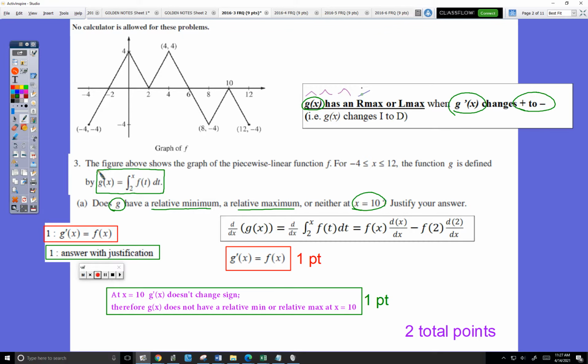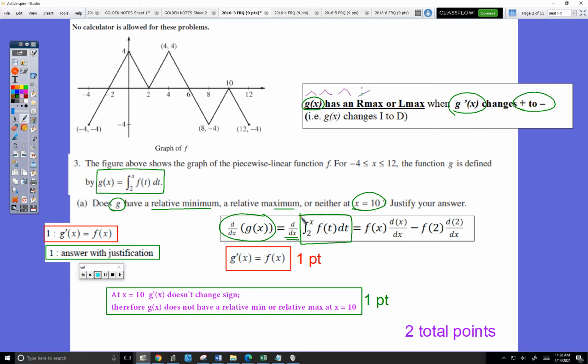No big deal. I just take that formula for G right here and I apply the derivative operator. It must be d over dx because this is G of x. So the derivative of G right here is exactly the same thing as the derivative of this integral.